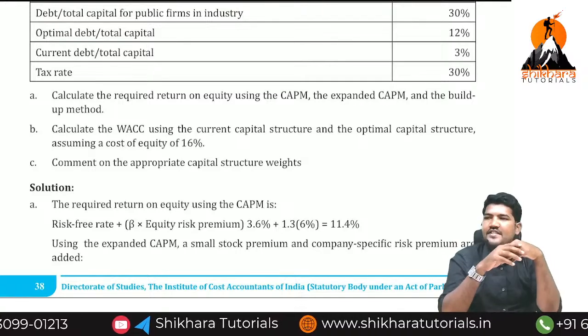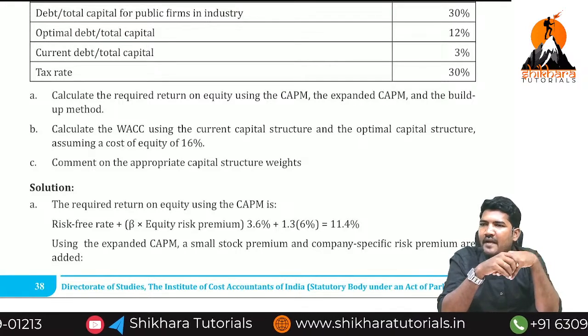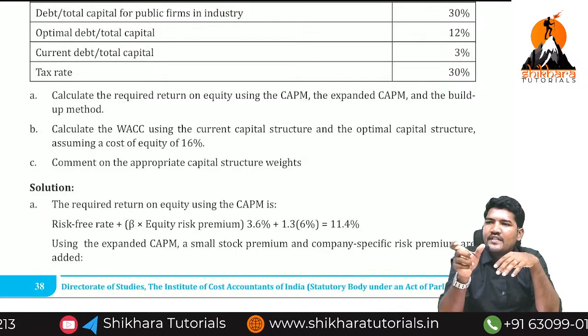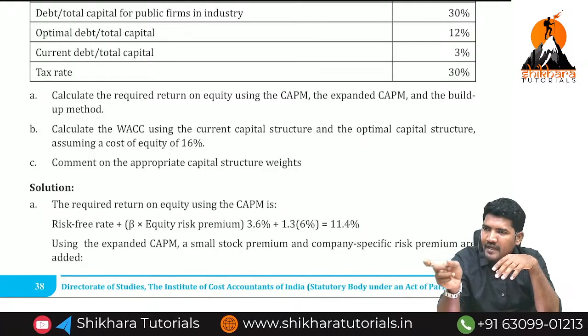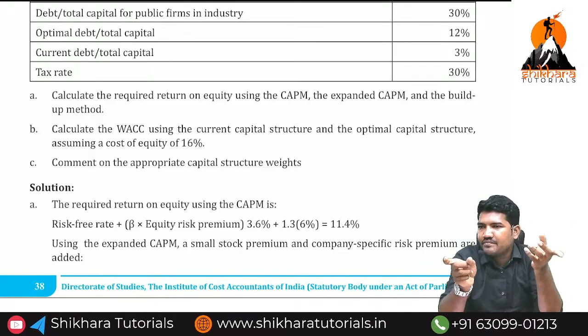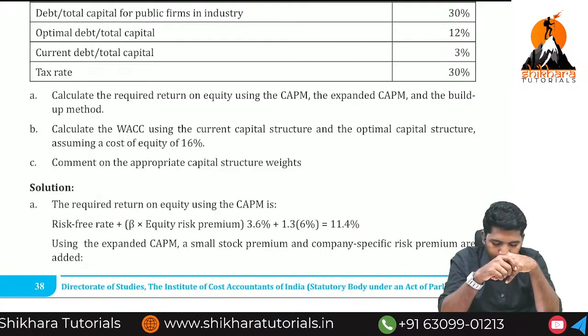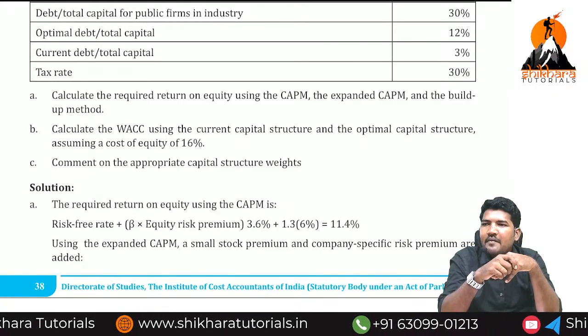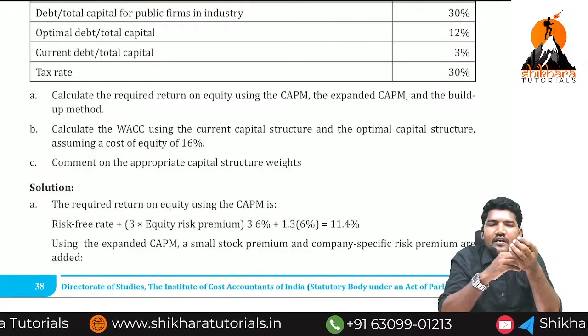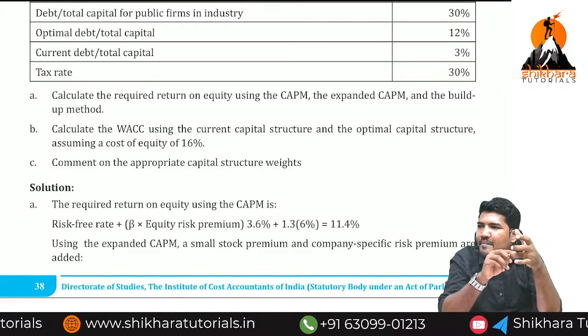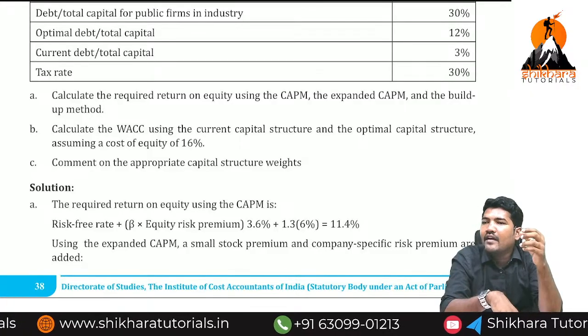When it comes to expanded CAPM, you have to consider market risk expectation plus other expectations. Next, there is a concept called the build up method, right? The build up method is mostly used for private companies and startups. Why? Because they don't know the beta.